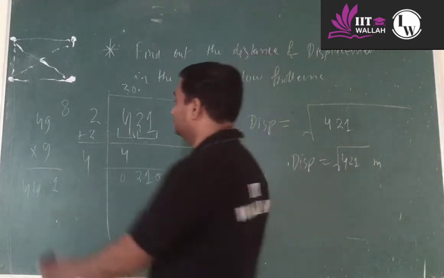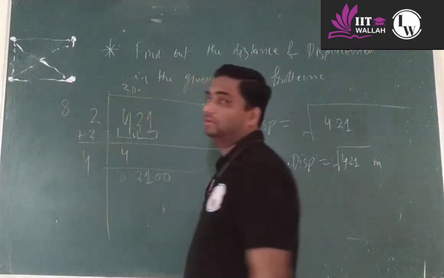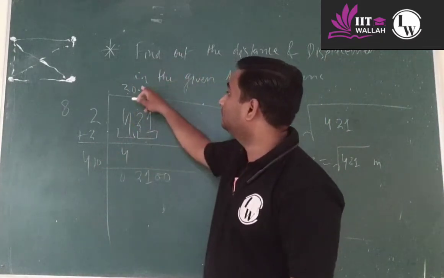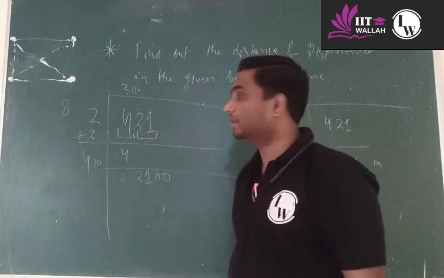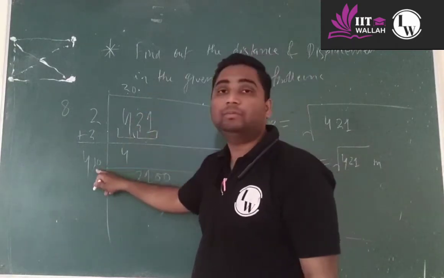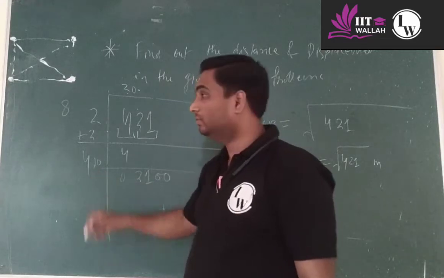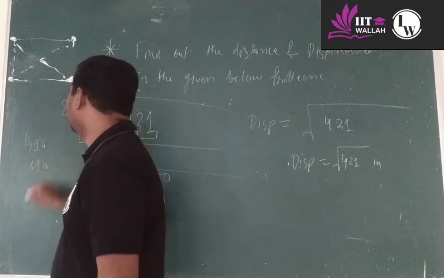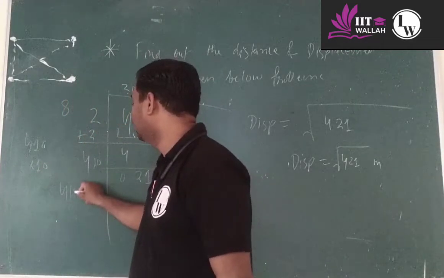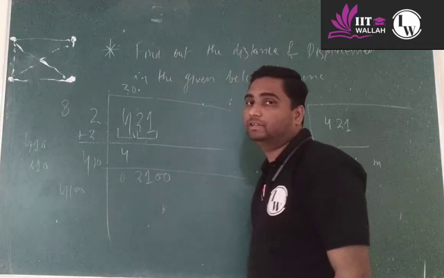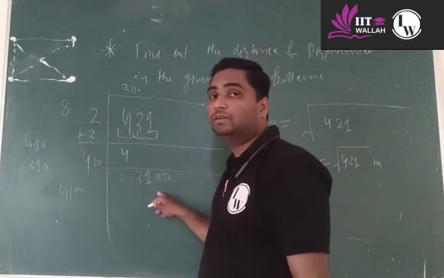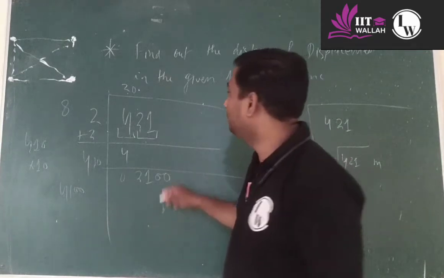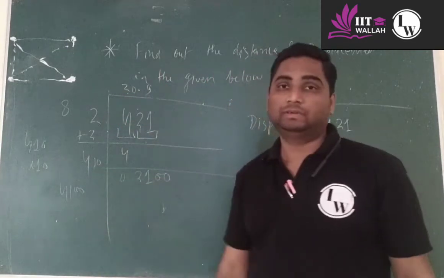So take a multiple of 10. If you take 10 here, you have to take 10 here also. 410 multiplied by 10 is 4100. This is greater than 2100, so you have to go only to the 9 place.